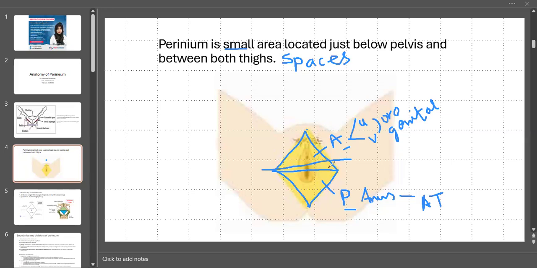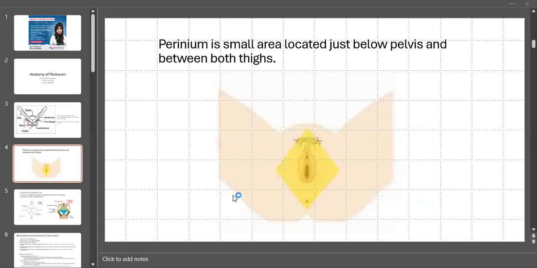So tell me, anterior and posterior triangle, guys, I'm showing you the next slide.